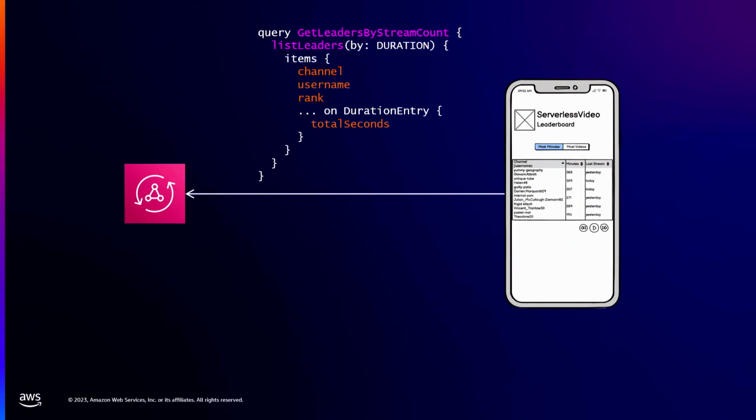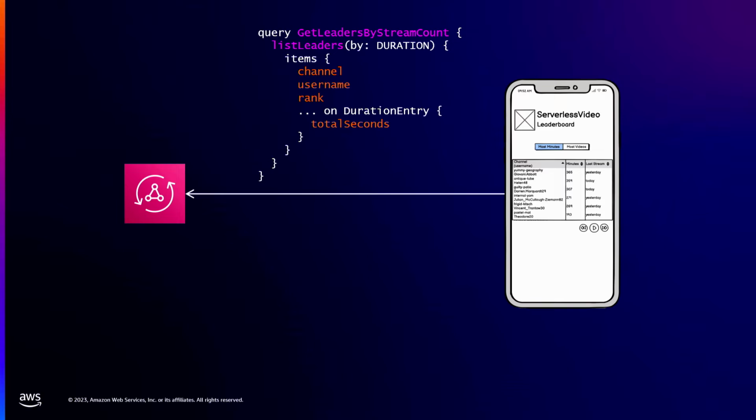So if you're not all that familiar with GraphQL, this is what a GraphQL query looks like. In this case, we're just running the list leaderboard query. We want to order by duration, and it's going to return an array of leaderboard entries. And then each one of those items has some data associated with it, and the client can specify that stuff in orange.